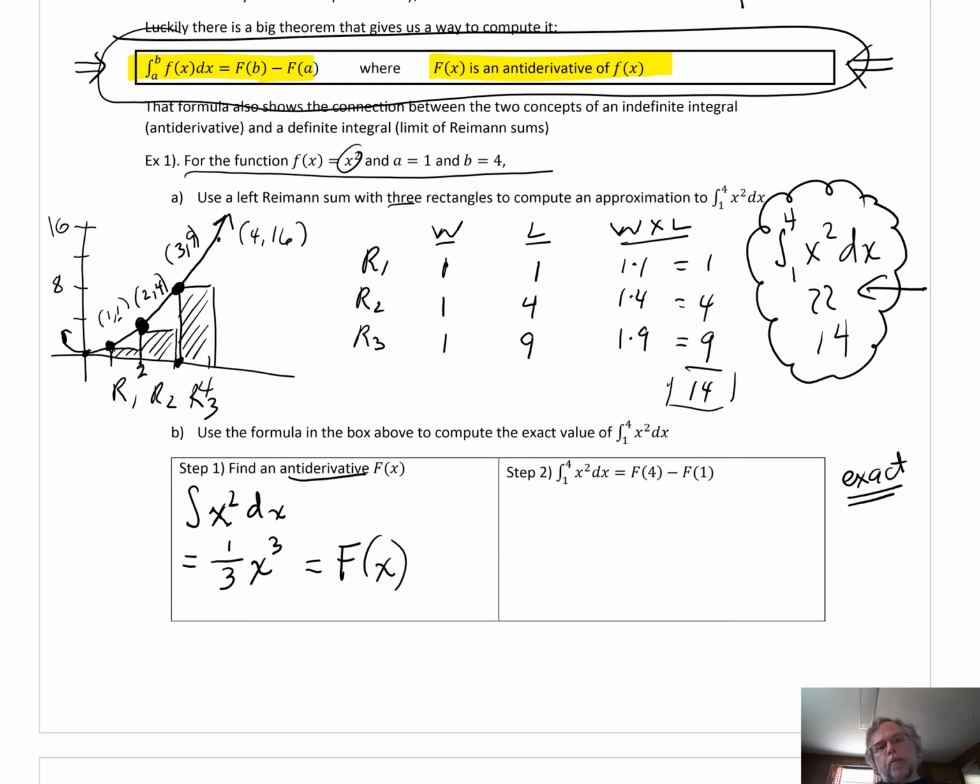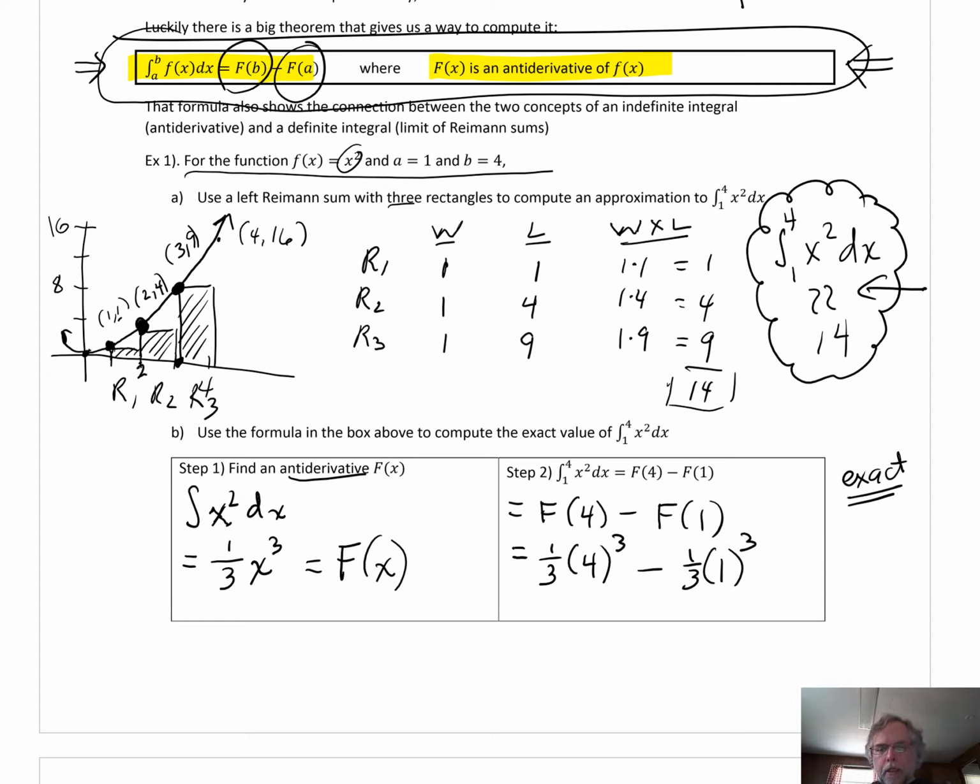And it's going to be real important because in this formula up here, that's what we plug b and a into. So here comes the magic, right? Capital F of 4 minus capital F of 1, and that's equal to 1/3 times 4 to the third minus 1/3 times 1 to the third.